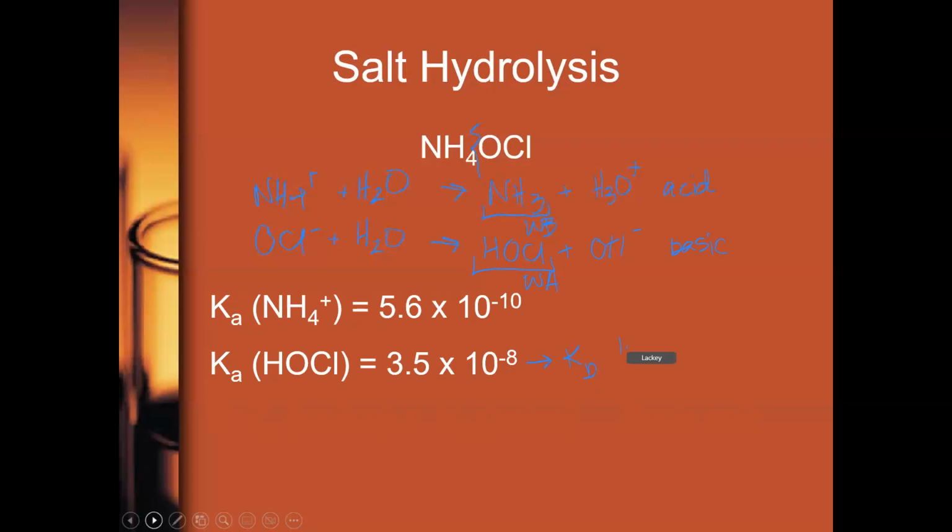Remember, by doing the 1.0 times 10 to the negative 14th divided by the Ka value, the 3.5 times 10 to the negative 8. And that tells us that our Kb value for this is 2.9 times 10 to the negative 7th.